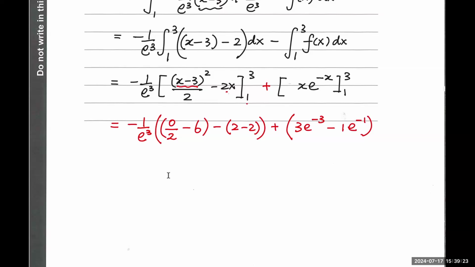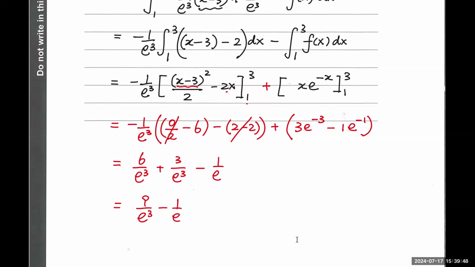Okay? So what you can actually get is like, this one disappeared, this one disappeared. 6 over e to the power 3 plus 3 over e to the power 3 minus 1 over e. And you just need to combine the answer and make it a reasonable form. So the answer is 9 over e to the power 3 minus 1 over e.